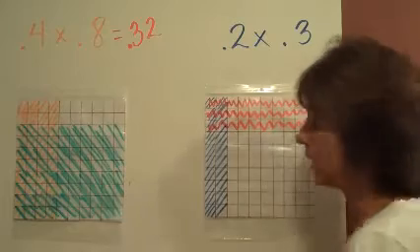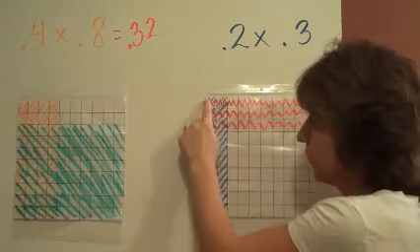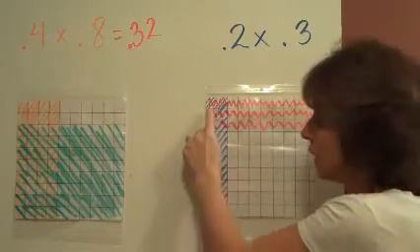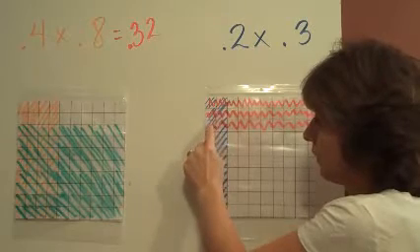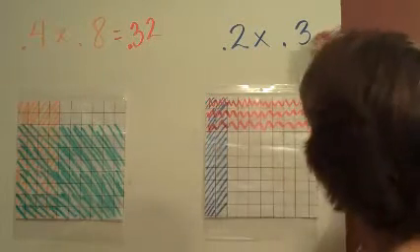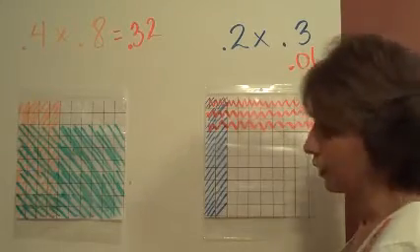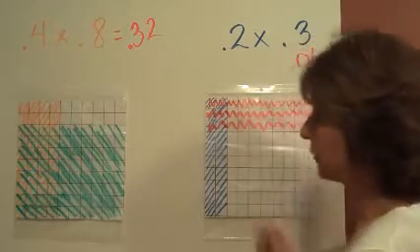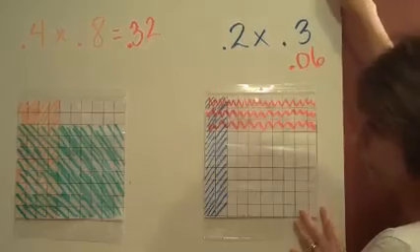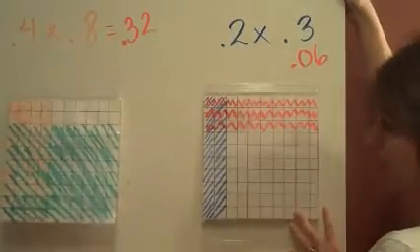And my answer is the amount that are shaded with both colors. 1, 2, 3, 4, 5, 6 hundredths. So we've modeled these multiplication problems. Now let's look at some patterns and then a rule.